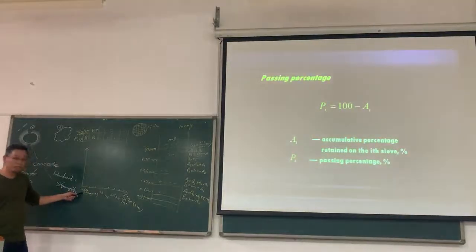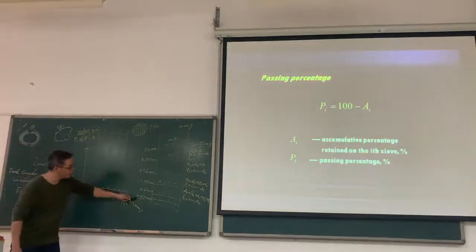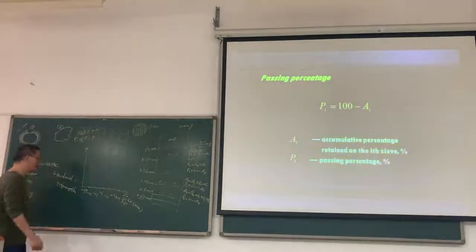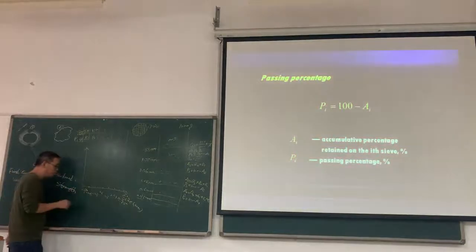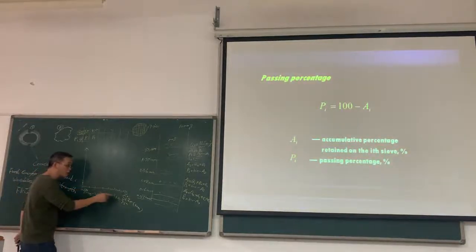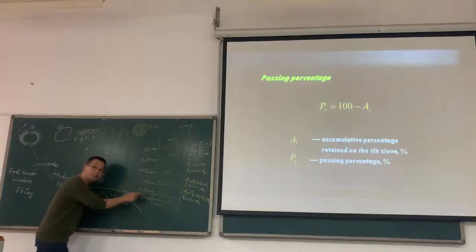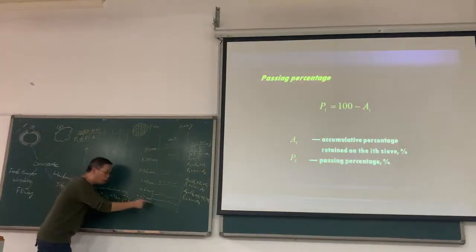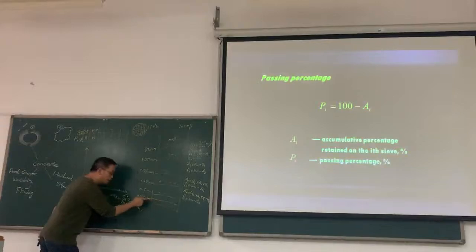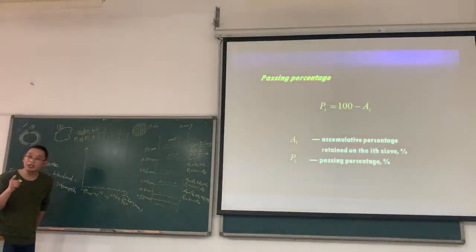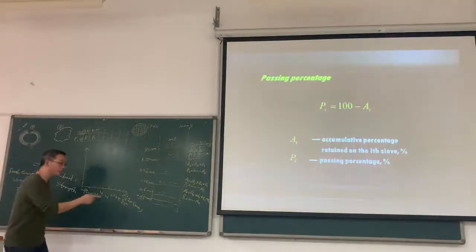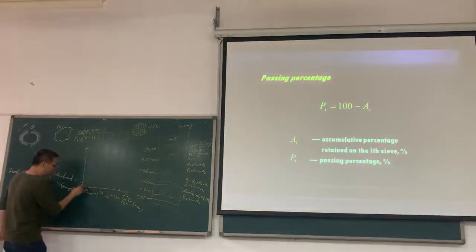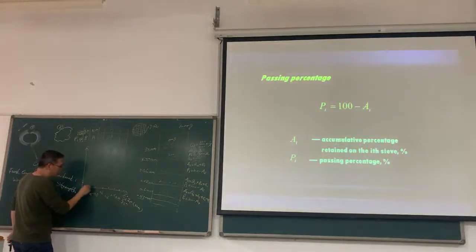We can get the passing percentage of each size. Because this size is the smallest, the passing percentage is also the smallest. So then the curve will be like this.